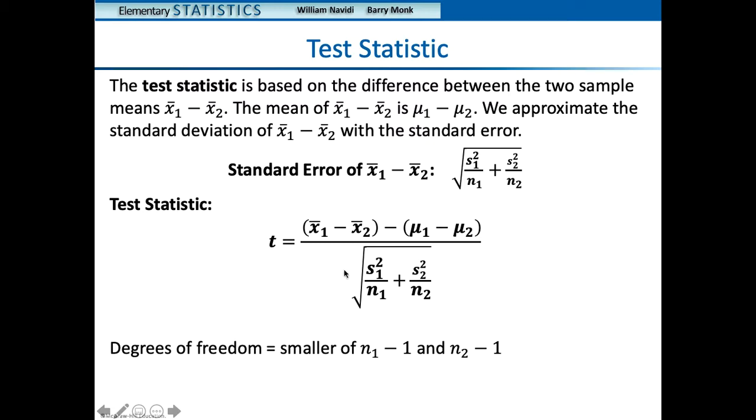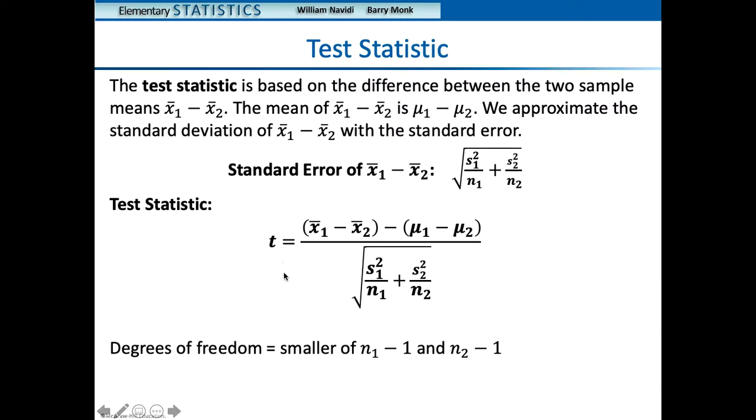So then the formula for the test statistic would look like this. x1 bar minus x2 bar is my random variable. Mu1 minus mu2 is my mean. And down here is my standard deviation, right? So random variable minus the mean divided by the standard deviation. And because the standard deviations are sample standard deviations, it's a t-value.